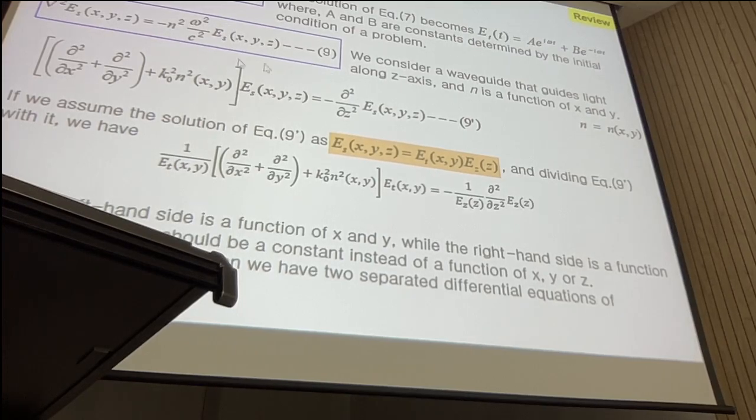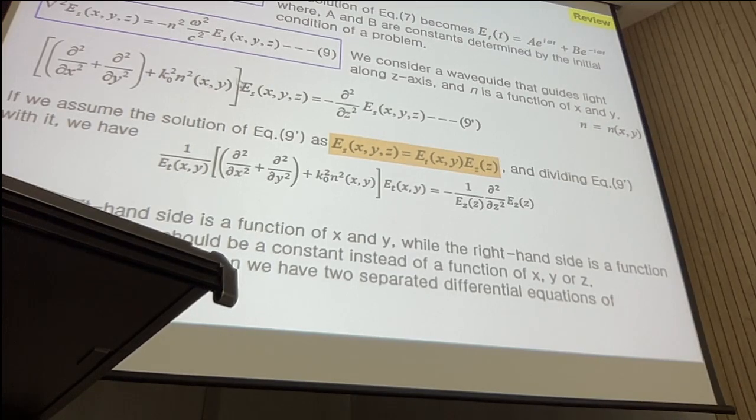And equation 9 is the second derivative in space equal to a function of space times itself. And we consider a waveguide whose refractive index only depends on x and y.